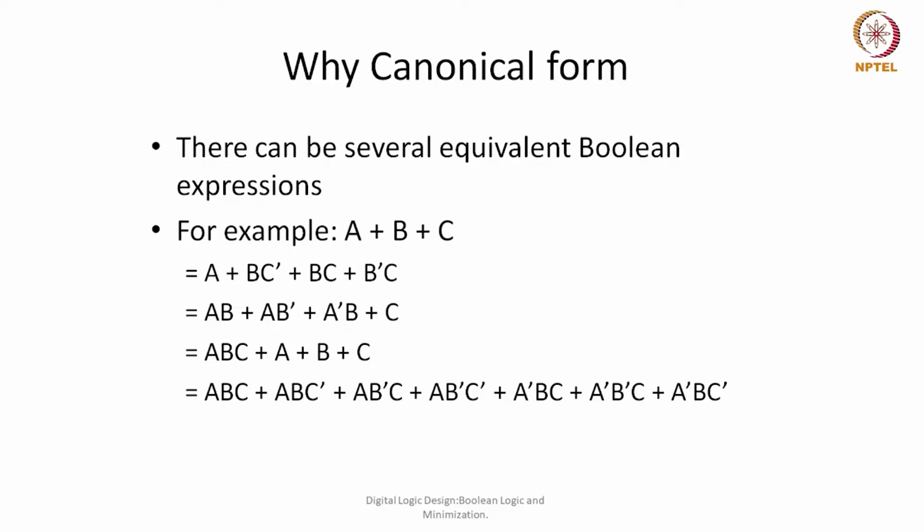That is why we would require one canonical or standard form in which a function can be represented. This example is given: a plus b plus c. You can see that I can also write a plus b plus c equal to a plus bc dash plus bc plus b dash c, or I can also write it like AB plus AB dash plus A dash B plus AC plus C. There are various other forms, and you can take it as an exercise to check whether all of these are equivalent or not.